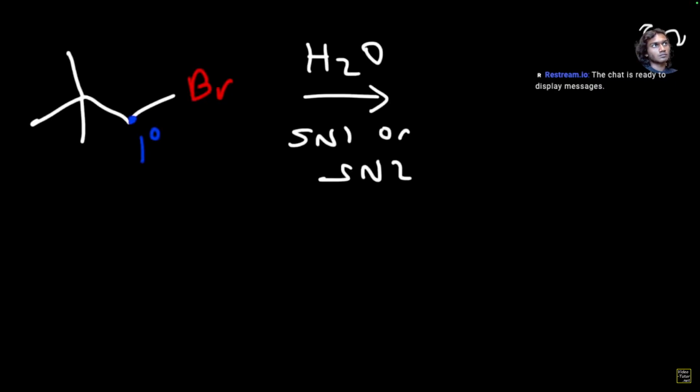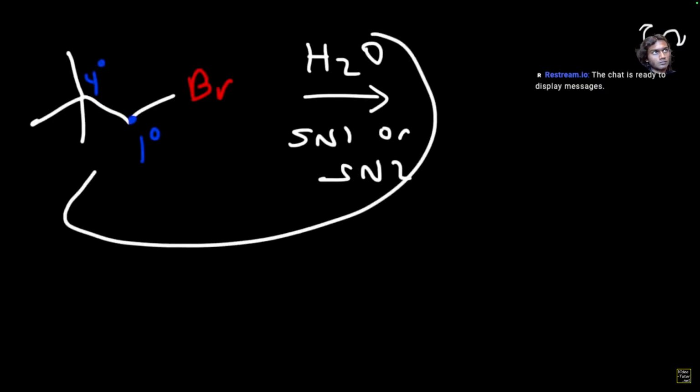Now the second factor that doesn't work well for the SN2 reaction is the fact that we have a quaternary carbon next to the primary carbon. Because of this bulky group, it's going to generate steric hindrance for the nucleophile. It's going to be hard for the nucleophile to approach from the back because of all these three methyl groups.